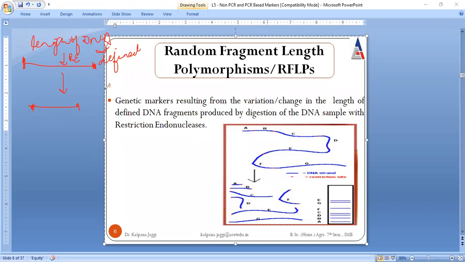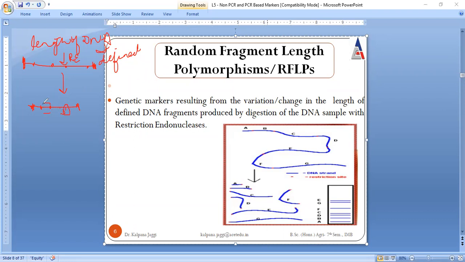Now, these are the markers which result from the change in the length of the DNA fragment. Markers usually are present here. Say this is the marker, this is the marker, this is the marker. Now, the markers which result from the change in the length, three I have represented.